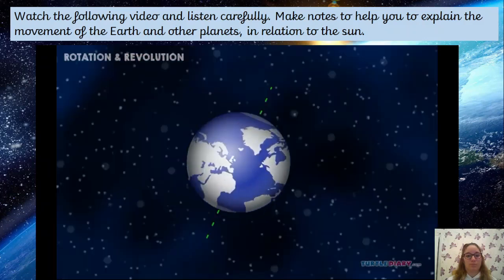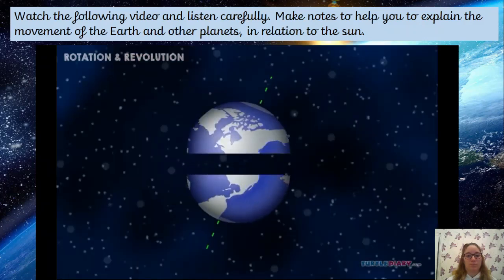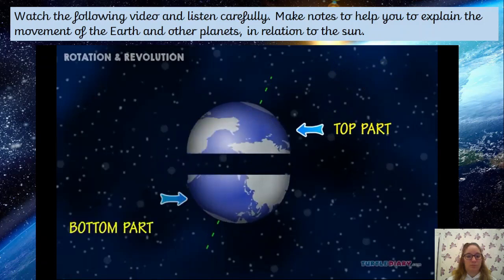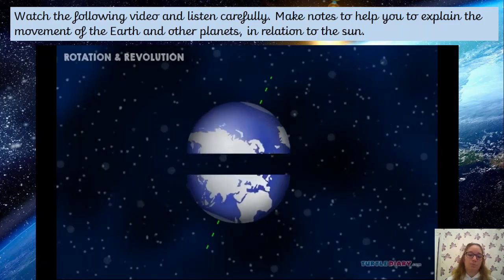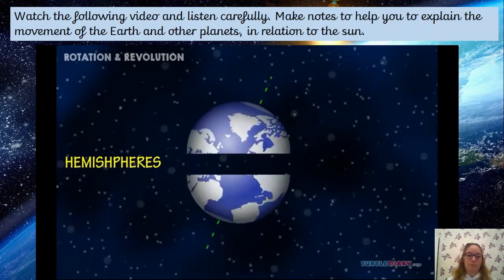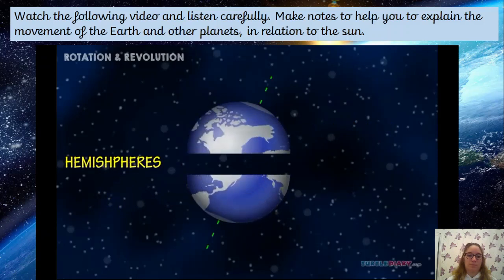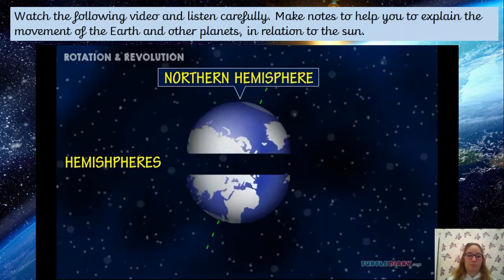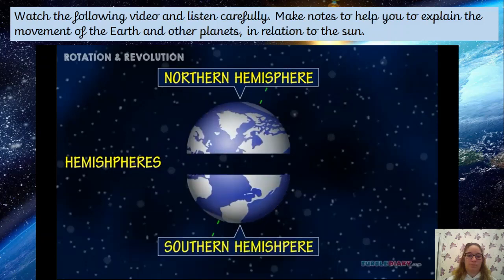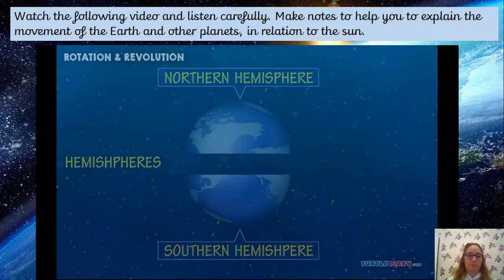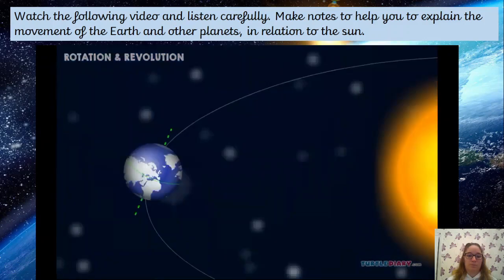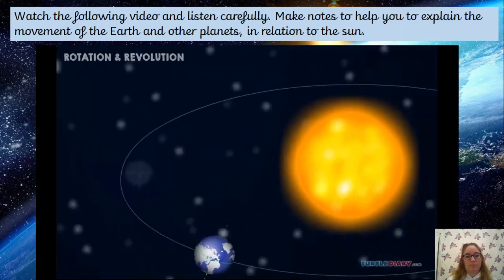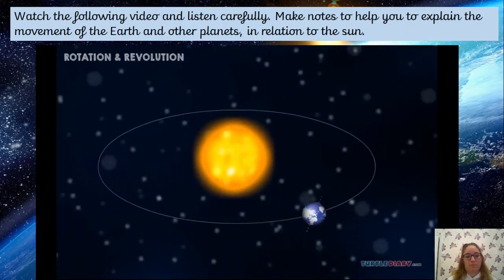We can think of the Earth as being in two parts, the top part and the bottom part. These are called hemispheres. The top of the Earth is called the northern hemisphere. The lower half is called the southern hemisphere. Sometimes the northern hemisphere is tilted toward the sun, and sometimes it is tilted away from the sun.